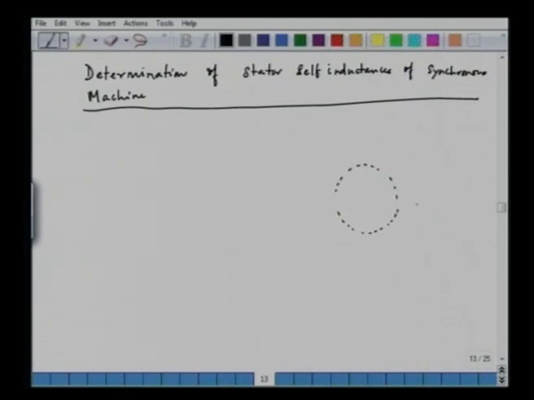We have three different phases: phase A, phase B, and phase C, and the rotor is a salient pole structure. So, we have the salience in this case, this is the rotor pole, this is the rotor pole, and this is the D axis, and this axis is the Q axis.